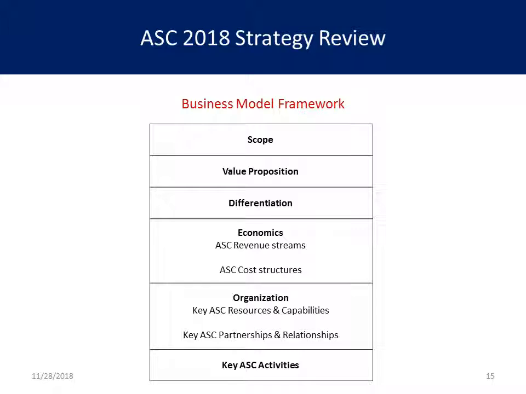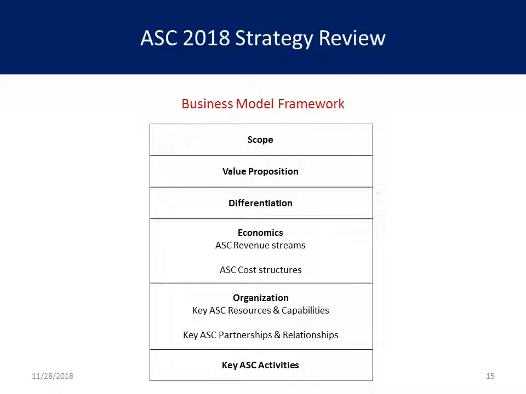The next parts of a business model are based on two articles that I included in our pre-reading. This draws from them. I put this model together based on different things I saw in those articles and some things I saw outside of those materials. After you have an effective scope defined, the next parts of a business model are value proposition and differentiation. We just discussed those. Differentiation are the points of difference.